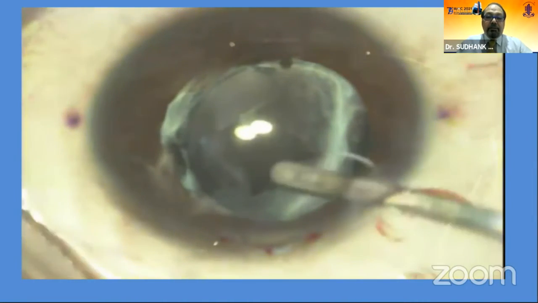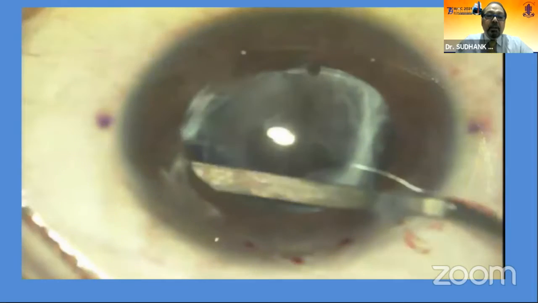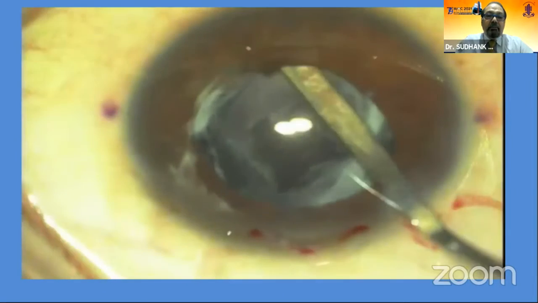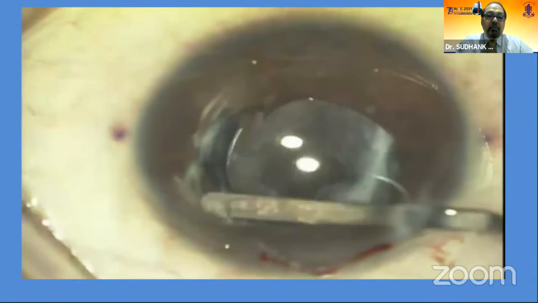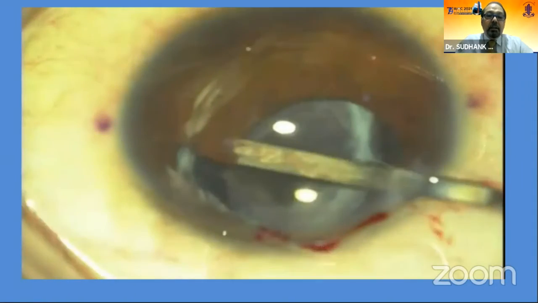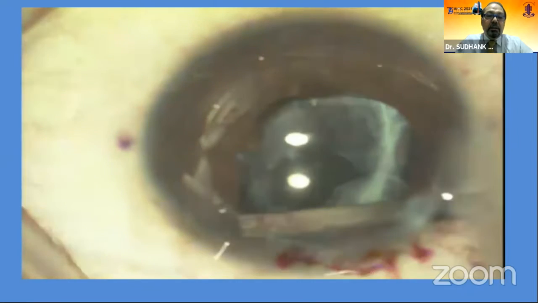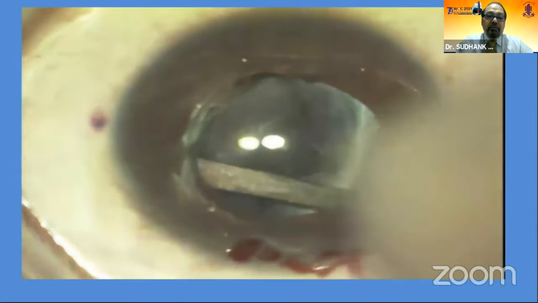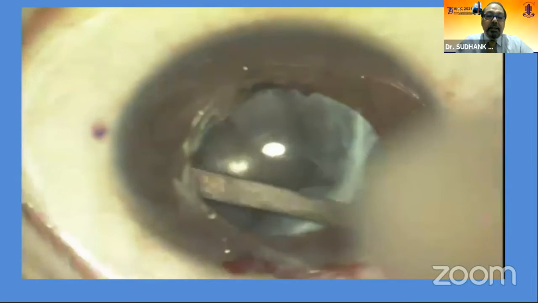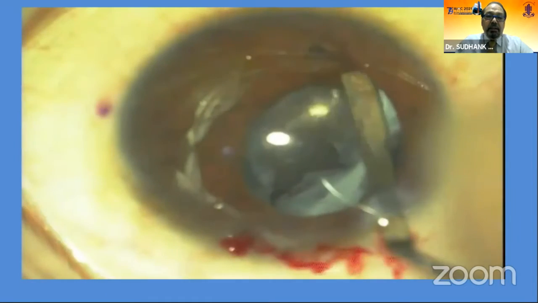But fortunately, with the ICL, the cost is not a matter whether the power is -2, +2, -10, 15, 18, whatever. So here I wanted to insert an ICL for the correction of the refractive error, which was a major refractive error, something like -10 with a 4 cylinder in this particular case.